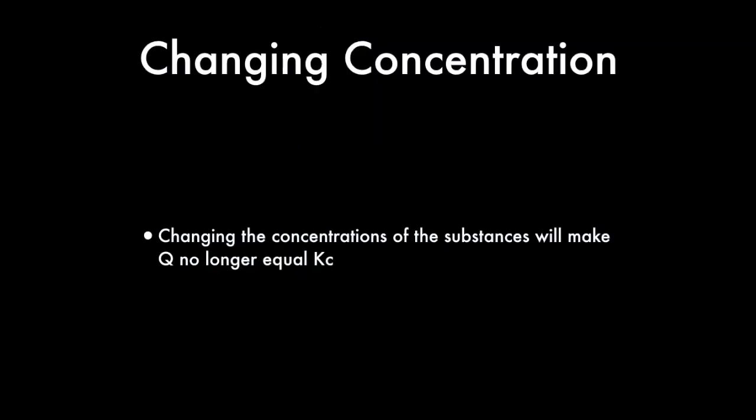Looking back at the definition of the equilibrium constant, adding or subtracting the concentration of each of the substances will of course change it, such that Q will no longer equal Kc. Then, you can compare Q to Kc to find out how the reaction will restore itself to equilibrium.